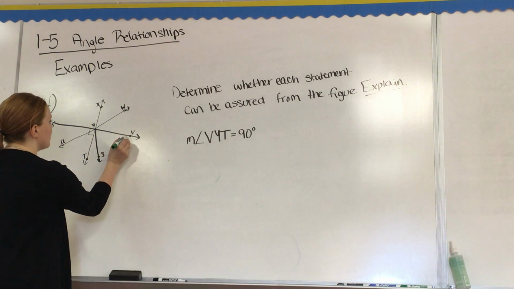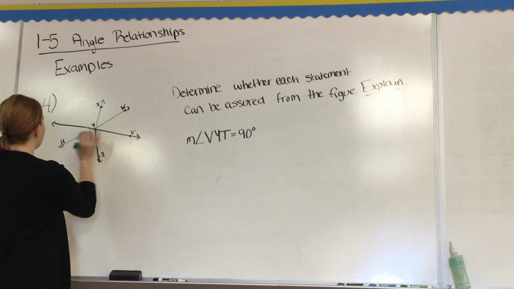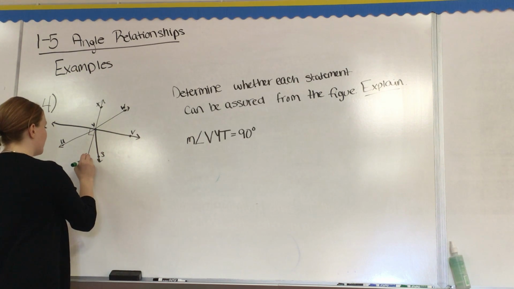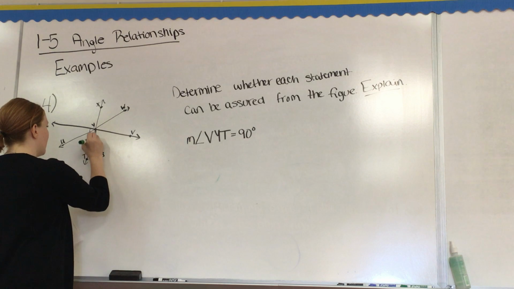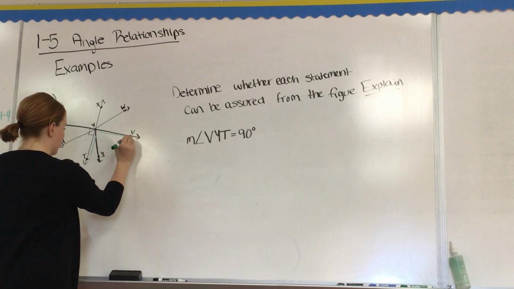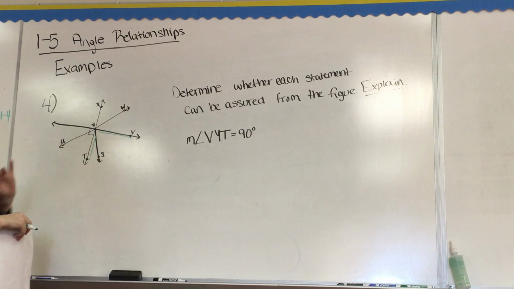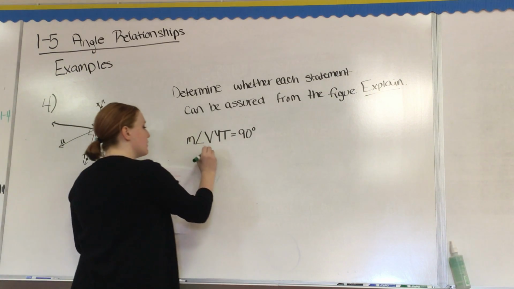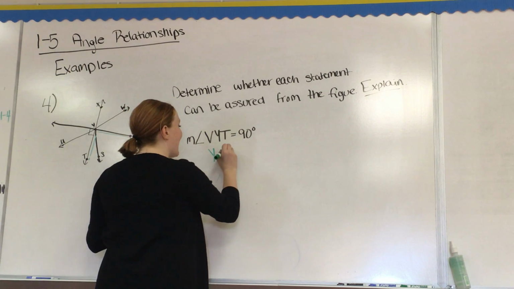So we find V, we find Y, and we find T. So we found V, Y, T. Is the measure of that angle 90? The answer is yes.